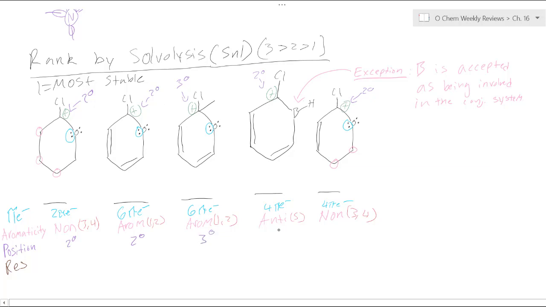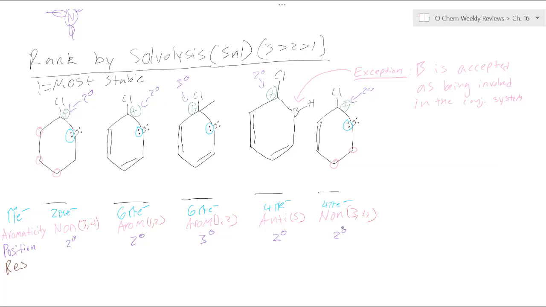Now, the reason why we have this checklist is because in the second row of aromaticity, we have a tie between 2 aromatics and a tie between 2 non-aromatics. Now, looking at the third row, position of our carbocation, and looking only at our aromatics, one is secondary, one is tertiary.